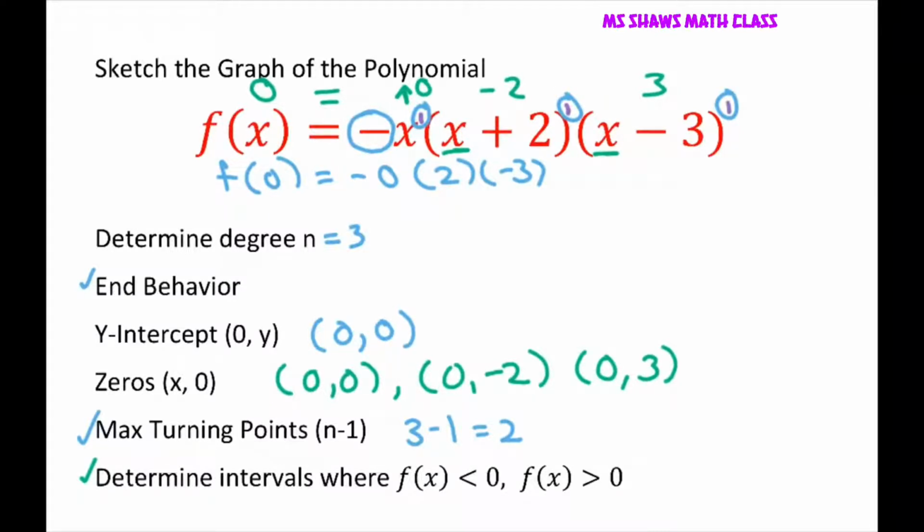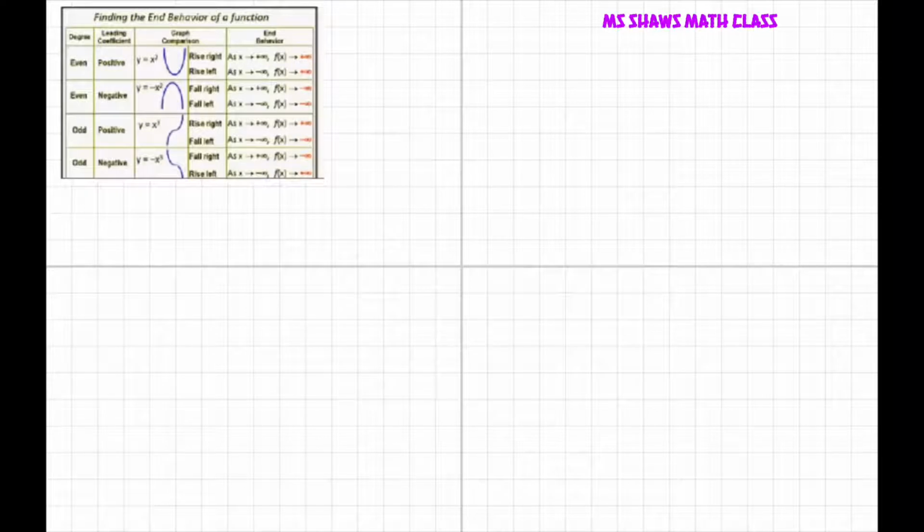So let's talk about end behavior. Our end behavior is going to be based on our degree, which is odd, and the fact that it's negative here. So we have an odd degree, but it's negative. So since it's odd, if you just graph negative x cubed from your parent functions, it would look something like this.